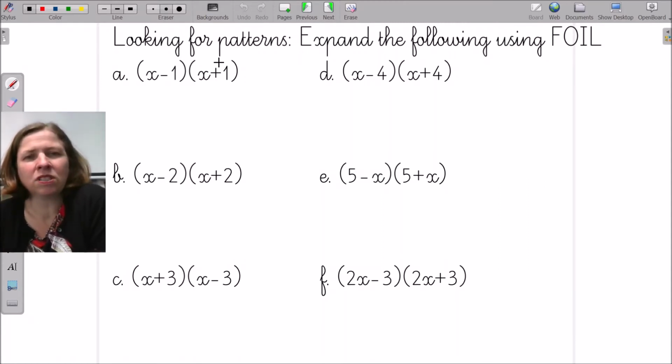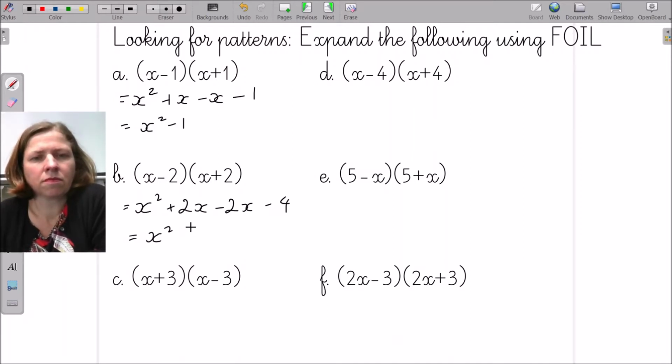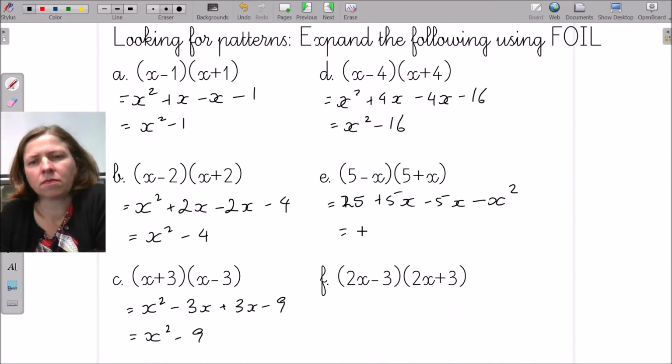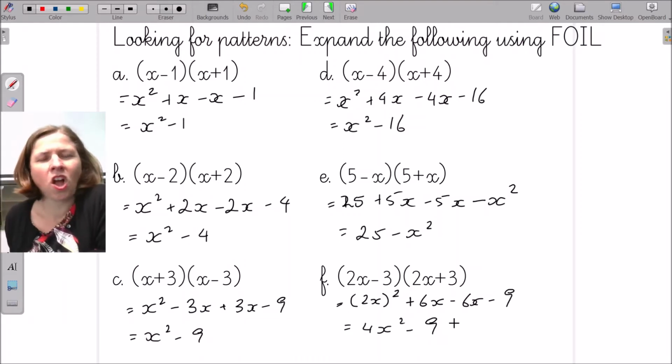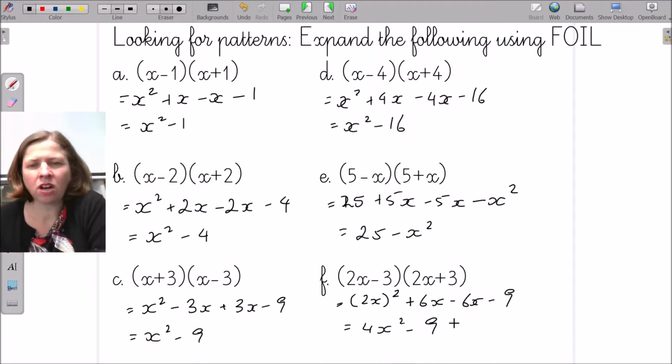Then hit play and you'll see me giving all my solutions. So here are my solutions. Okay, there are all my solutions, and take care in the last one that we go 2x times 2x.